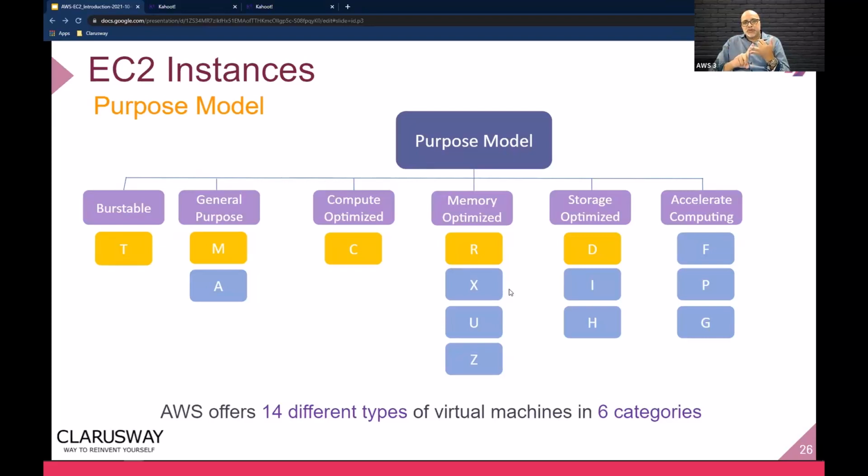Burstables are T, general purpose are M, compute optimized are C, memory optimized are R, storage optimized are D. These other ones are not used as often, but you have access to them and you can always look them up if you need something in particular. Okay, T, M, C, R, and D. In fact, T, M, C, and R are the ones I see used the most. D on the database side sometimes.